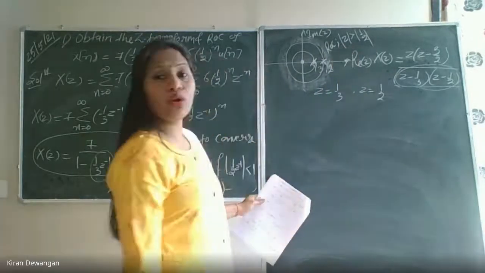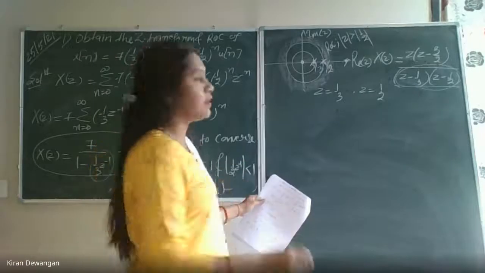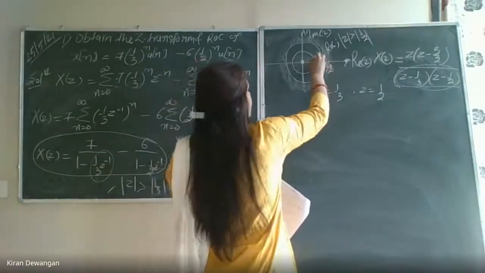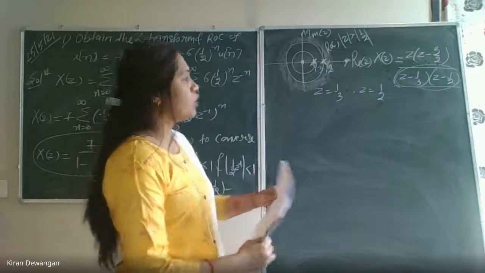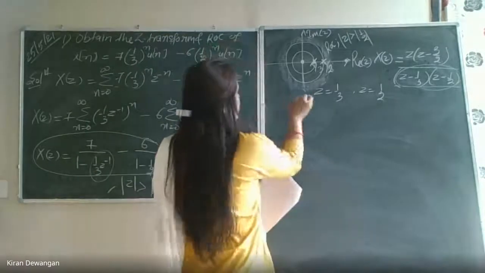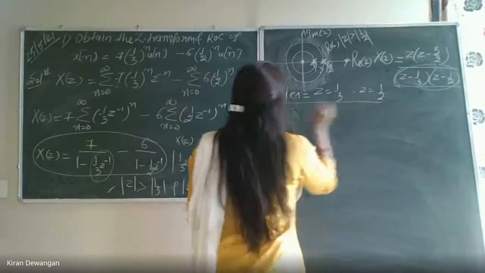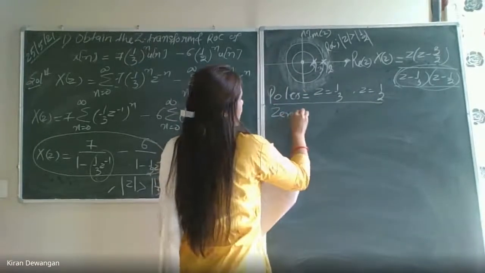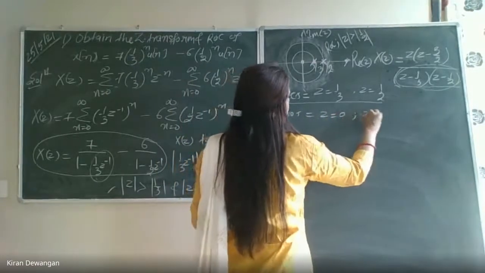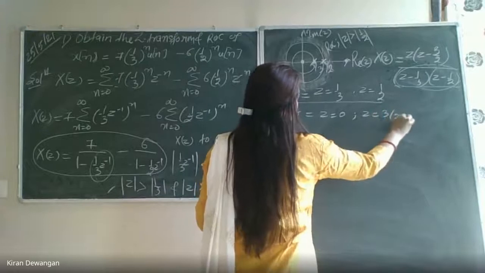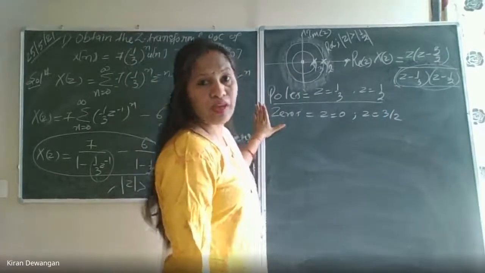Zeros are represented by a solid dot, whereas poles are represented by a cross in the z plane. ठीक है? So that is how we represent. Poles are these values, and zeros are z equals 0 and z equals 3/2.